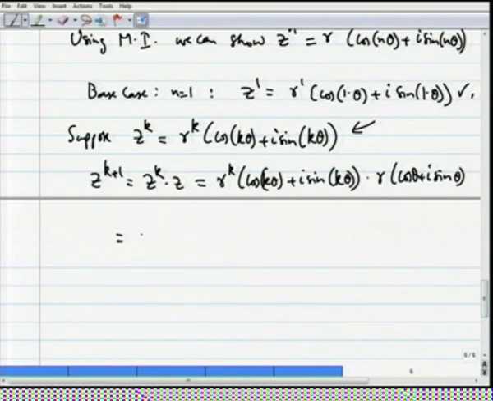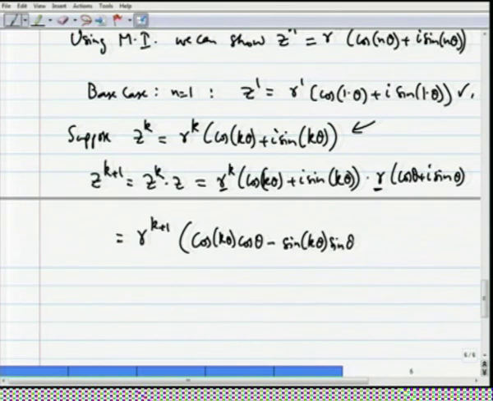Okay. So, this is equal to r power k plus 1, I will club this r power k and r, and then multiply cosine k theta plus i sine k theta with cosine theta plus i sine theta. So, you get cosine k theta cosine theta, i times i will give you a minus, and then sine k theta sine theta, that is the real part, plus the imaginary part is i times cosine k theta sine theta plus sine k theta cosine theta.